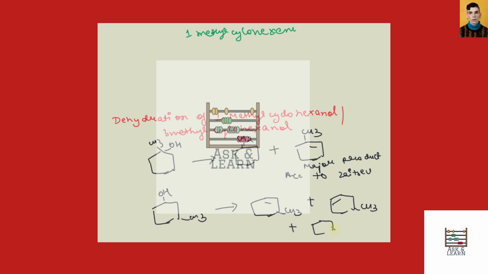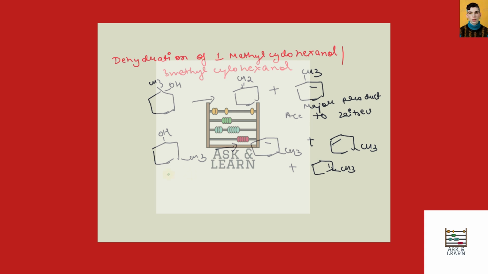Now if we see in case of the 1-methylcyclohexanol and the 3-methylcyclohexanol, both occur via E1 and E2 mechanism.